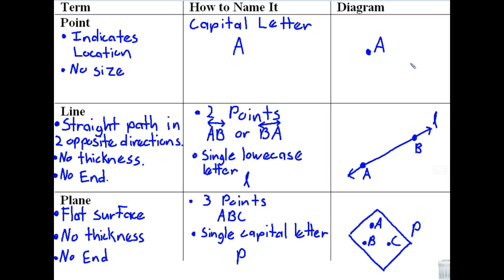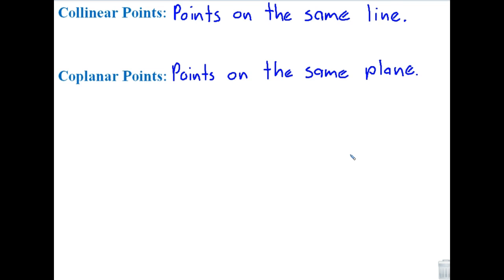Okay, notice as we move up in dimensions from 0 to 1 to 2 dimensional, we have to add a point to each of the names we have. Points with 1 point, lines with 2 points, planes with 3 points. Okay, so we kind of see these parts building up as we add complexity. Okay, 2 more definitions we'll talk about quick before we check for understanding.